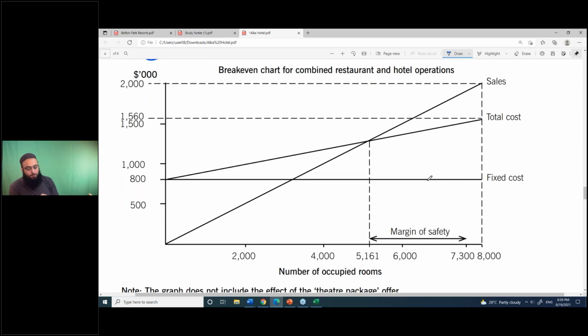So the maximum rooms that they have used here as an example is 8,000, where you will earn 2 million revenue. And on the basis of this 8,000, your total cost will be 1560. Okay.